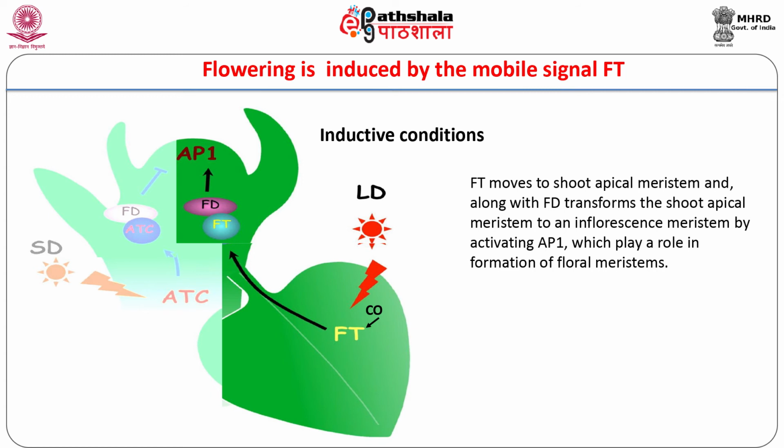FT moves to the shoot apical meristem through the vascular system and, along with another transcription factor FD, transforms the shoot apical meristem to an inflorescence meristem by activating transcription factors like apetala-1, which plays a role in formation of floral meristems.